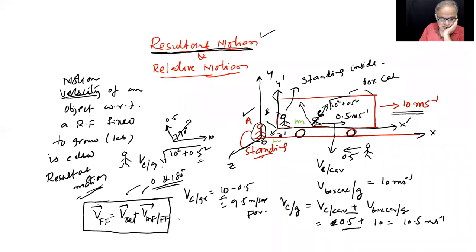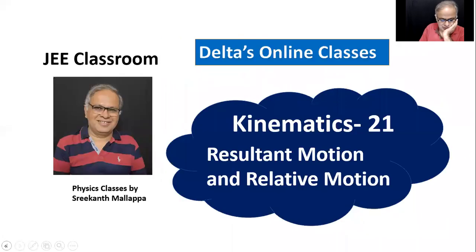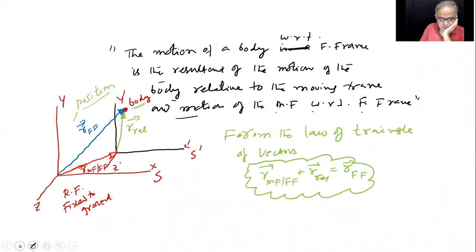10 different examples are connected to only one idea. What is that idea? I've shown it vectorially here. Position of the body with respect to the ground frame is the vector sum of position of the body relative to the moving frame plus position of the moving frame with respect to the ground frame.